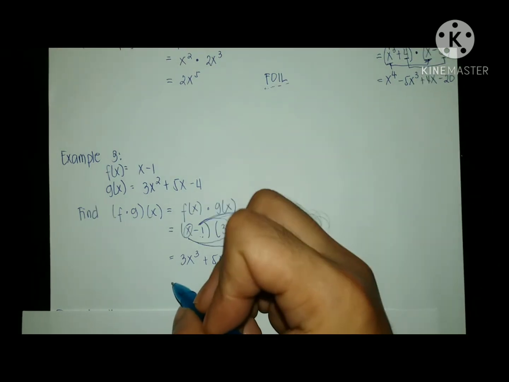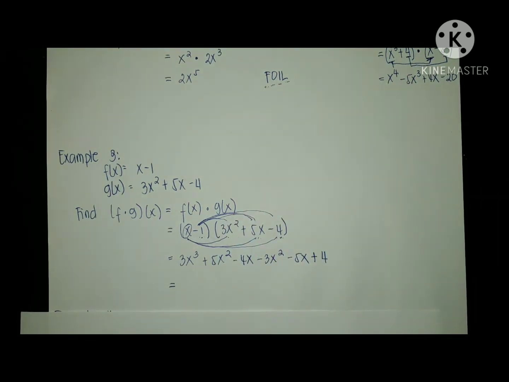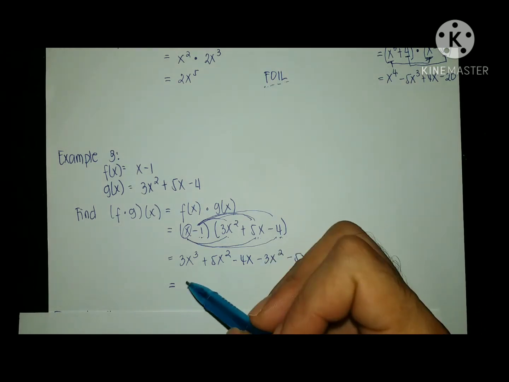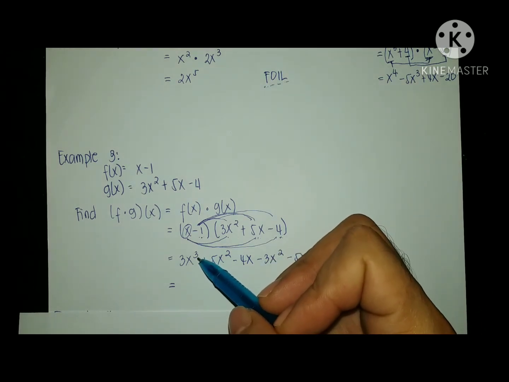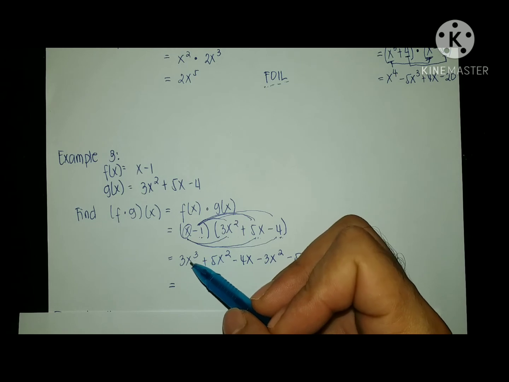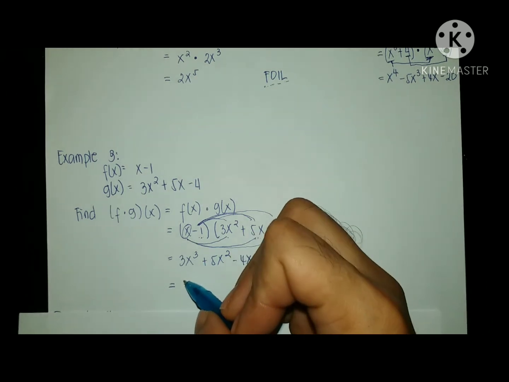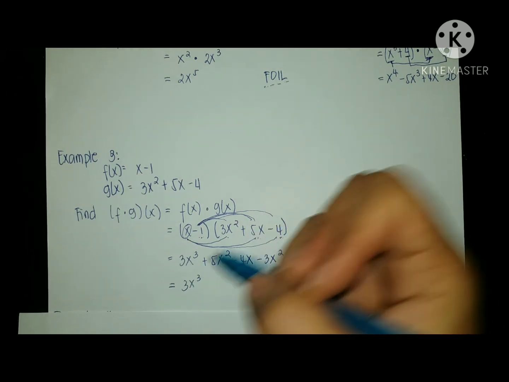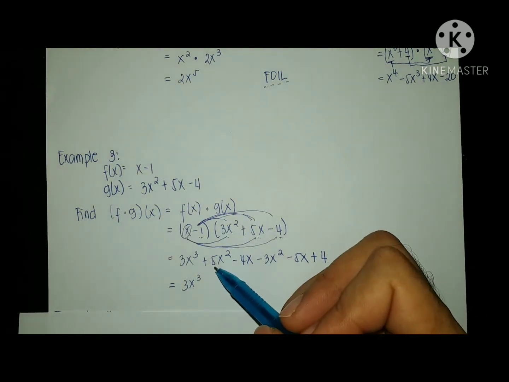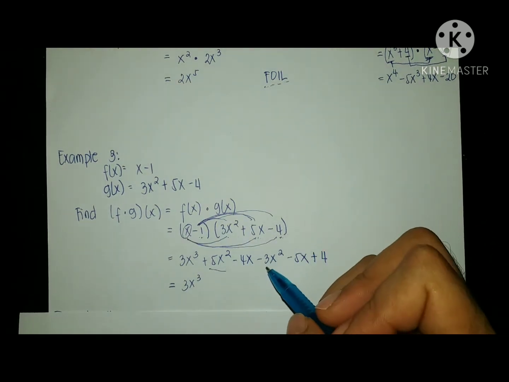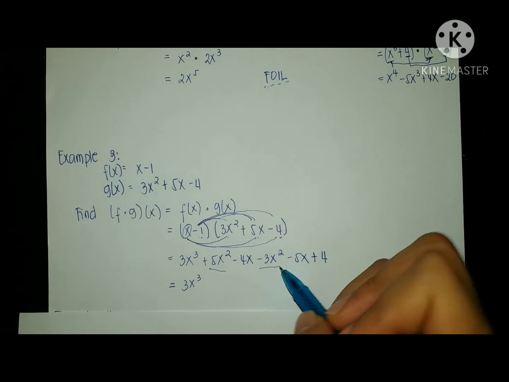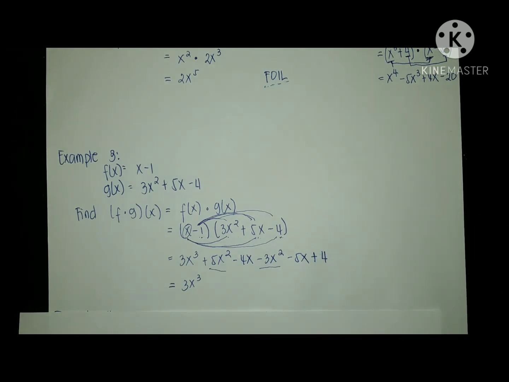And then simplify it further by combining the similar terms. So we have 3x cubed. There are no more terms which is similar with this. So copy 3x cubed. Then 5x squared. So we have 5x squared and negative 3x squared as similar terms. So combine them.